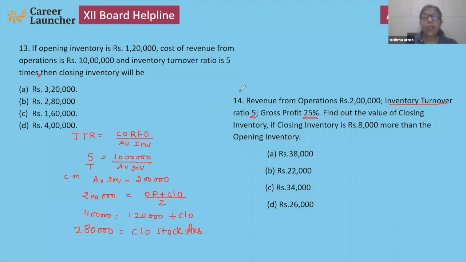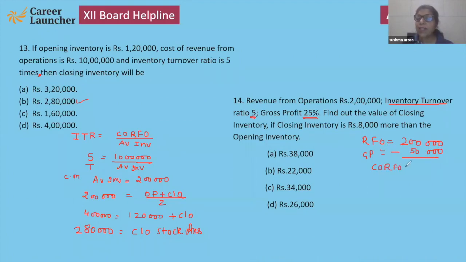Children, I am waiting for your answer of question number 14 because 13 I have solved, that is 2,80,000. Now please try to do that question because these are just similar, but only one difference is that RFO given 2 lakh and GP 25%. So 25% of RFO, that is 50,000, must be subtracted to calculate the Corfo.